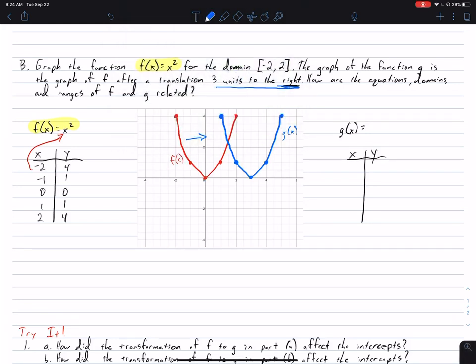So what we're trying to figure out is what's happening to our equation, our domain, and my ranges. So in g of x, I'm going to rewrite my x and y values, those 5 coordinate points. The first point on the left here looks like (1, 4). So I'm going to start with (1, 4), and then just go from there.